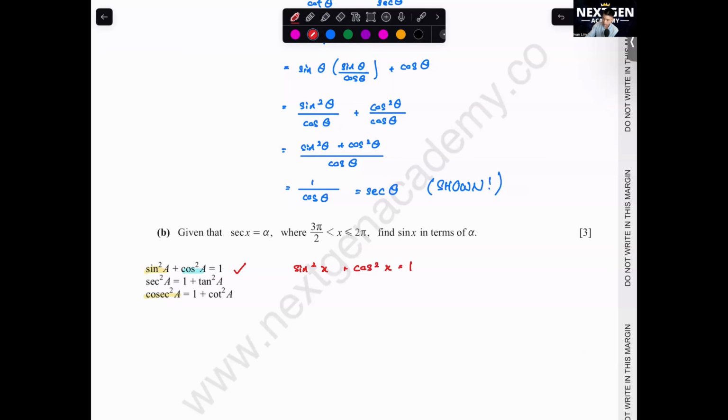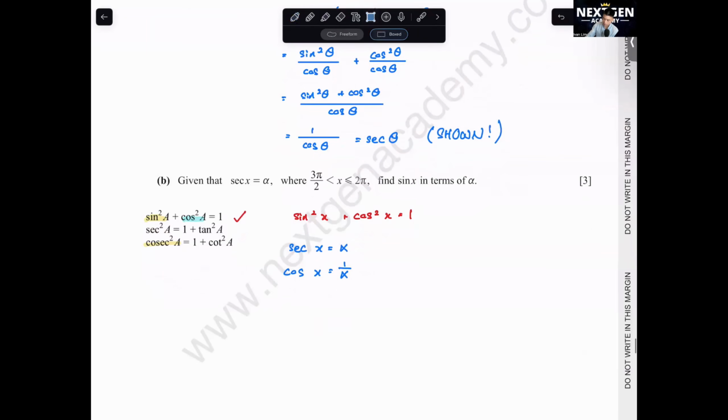Okay, they want sine, right? So we find what is this secant alpha. We rewrite it, secant x equals alpha. We rewrite it into cos first. So cos x will be equal to 1 over alpha. You just inverse the value. Now we put into this equation. So sine square x plus cos square x equals 1.